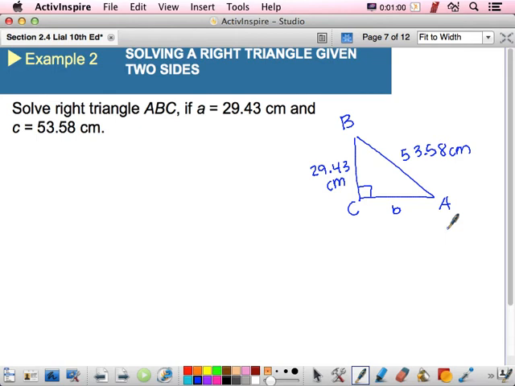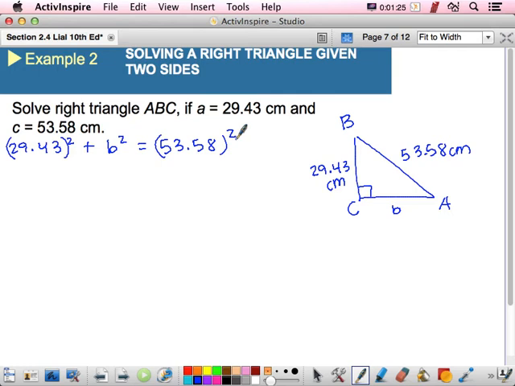So we know that a squared plus b squared has to equal c squared. So 29.43 squared plus b squared has to equal 53.58 squared. Now, I hate writing down decimals, so I have a tendency to rearrange it before I type it all into my calculator.